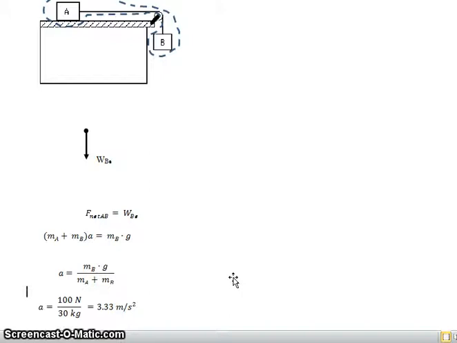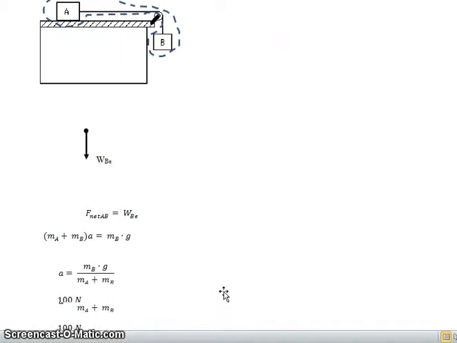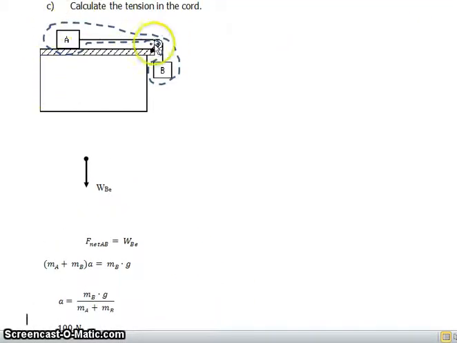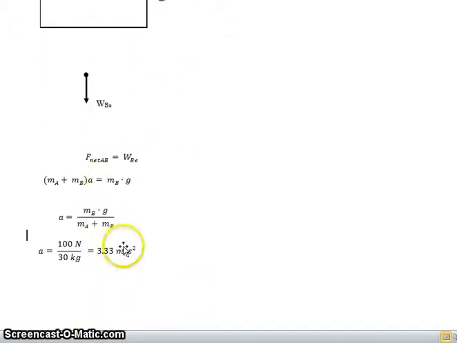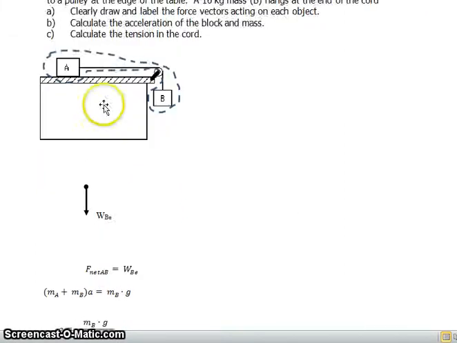So there's two ways to solve this problem. However, notice it says find the tension of the cord. One advantage of this way is that we can get the answer a lot quicker for the acceleration. It doesn't let us figure out the tension because it's an internal force.